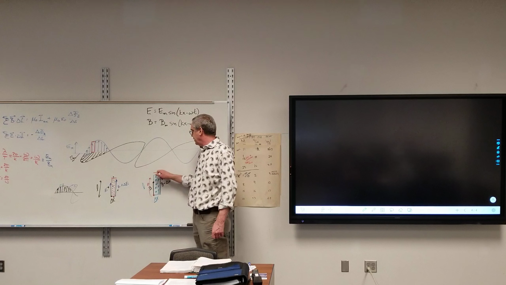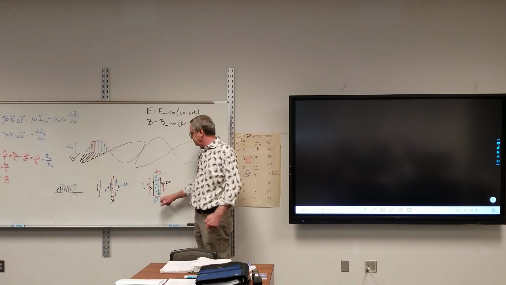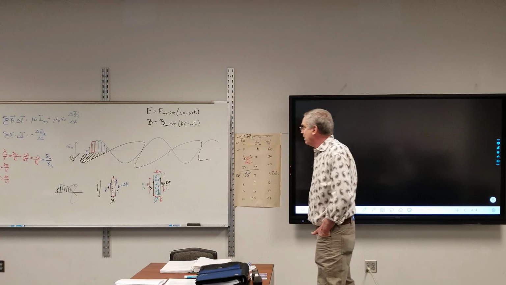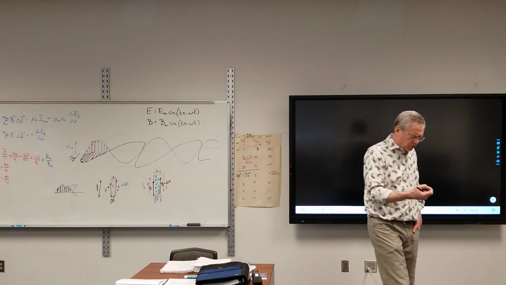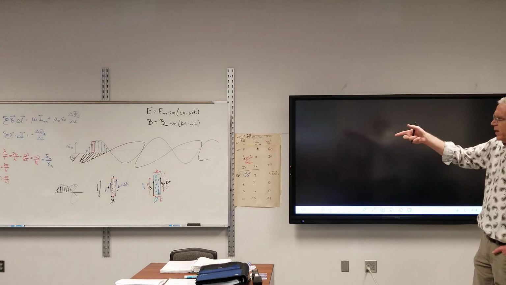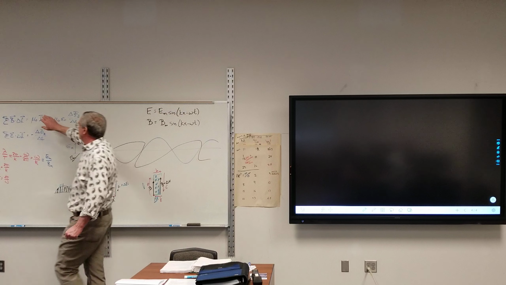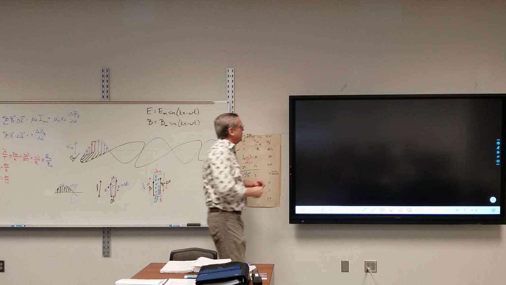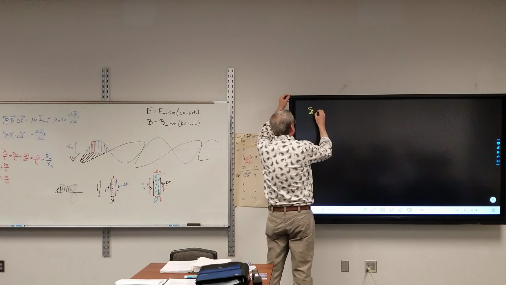There's my A, B, C, and D. Now there is no actual conventional current running through my loop here, so this part of my equation is 0. So I'm left with the sum around this loop, B dot delta L.